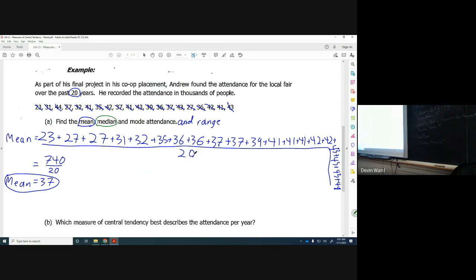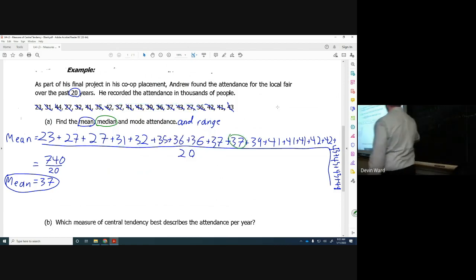Now, the median is the middle number. Okay? What would be the middle of 20? It's actually, remember, for even numbers, we take the two middle numbers. So if I count from the left, I have 1, 2, 3, 4, 5, 6, 7, 8, 9, 10.